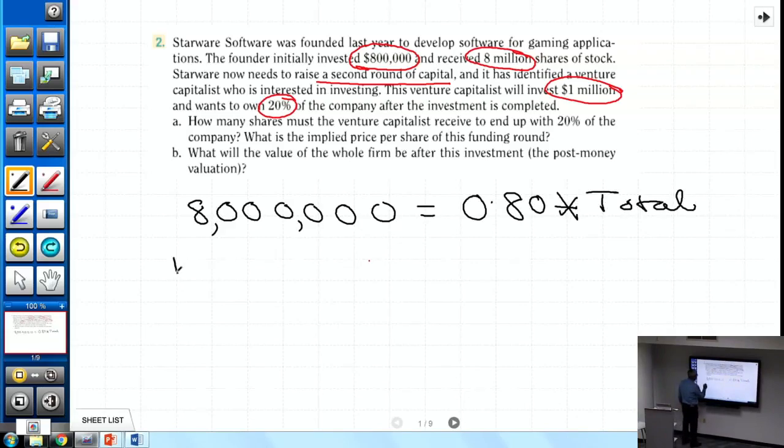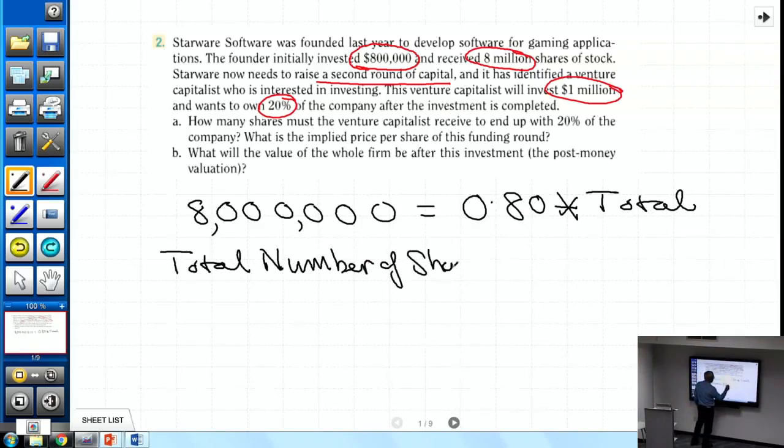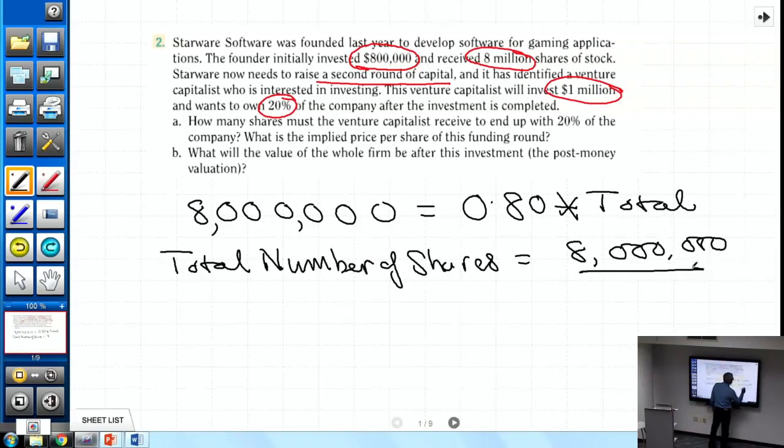So what will be the total number of shares post venture capitalist, post second round of financing? That'll be 8 million divided by 0.8, which is 10 million.